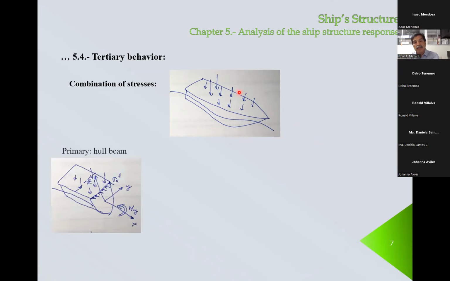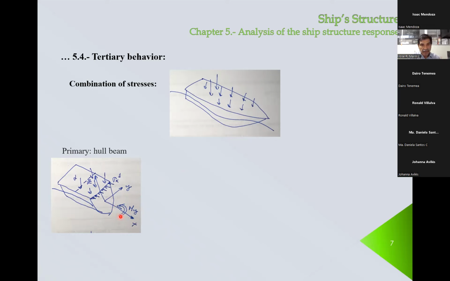What we have done is split it in three. So we said, let's consider the primary response. Basically, we're considering the hull, very long, as a beam. So we can consider still water. We could approximate somehow the response on waves, and we have come out with a value for the bending moment.